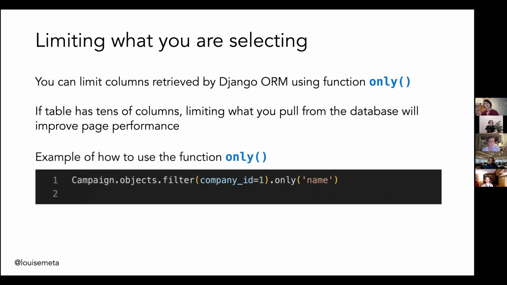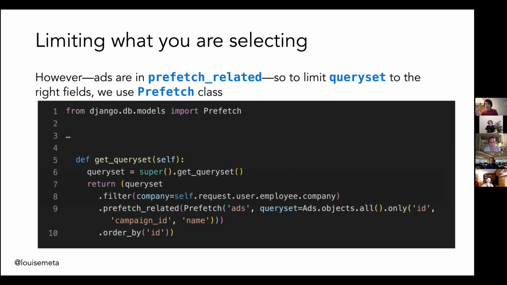I'm showing here an example of using only and passing the name. The only problem here is that, as I was saying, we are using prefetch related because we are getting the ads from the campaign. And so if you want to actually use only for that, it's a bit trickier because you have to use the Prefetch class.